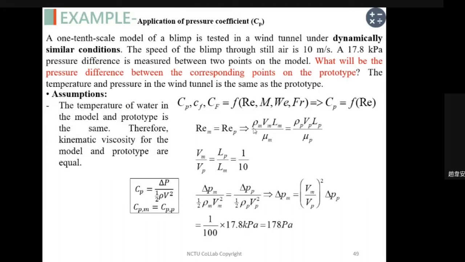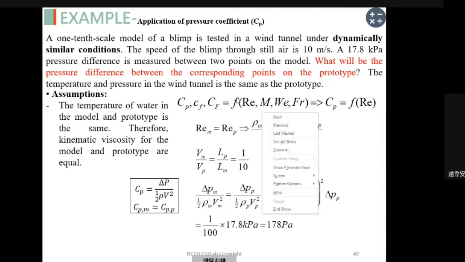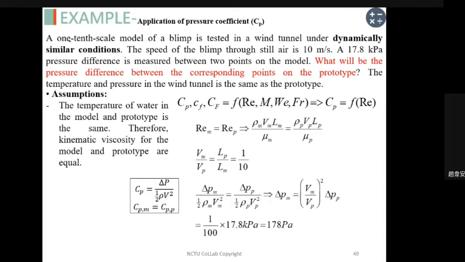Okay, so this is another exercise. We're wondering to predict the pressure difference. The exercise just explains the problem.